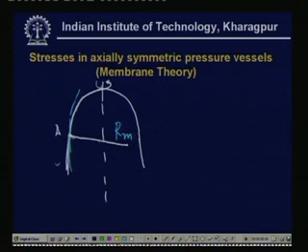So, there are two radii, one is meridional radius, one is tangential radius. Now, the tangential radius, what happens? Now, there will be another circle which could be drawn on this point.